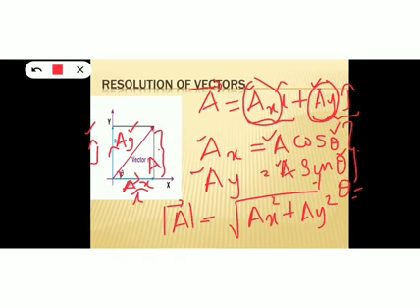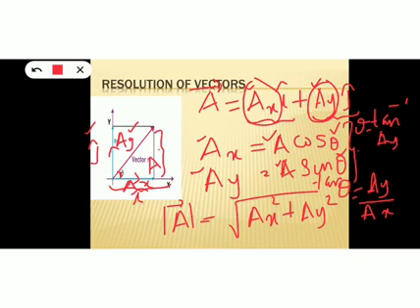So we can write tan theta is equal to the opposite side ay by the adjacent side, which is ax. And what will be theta? Theta will be equal to tan inverse of ay by ax. Okay, so if ay and ax are known, you can easily find theta. And theta helps us find the direction of vector A.